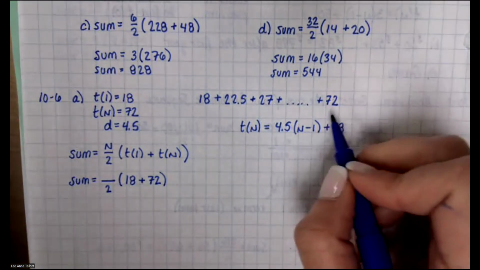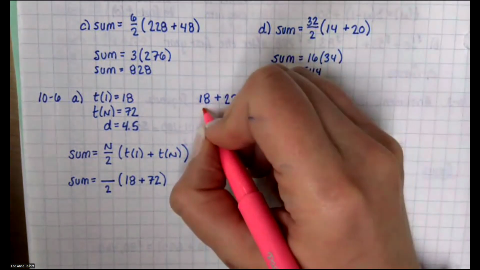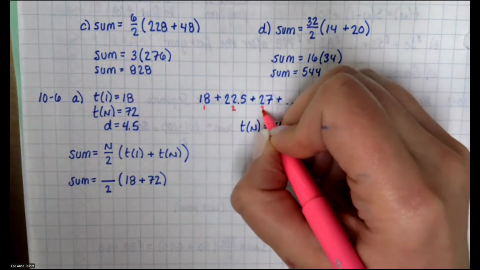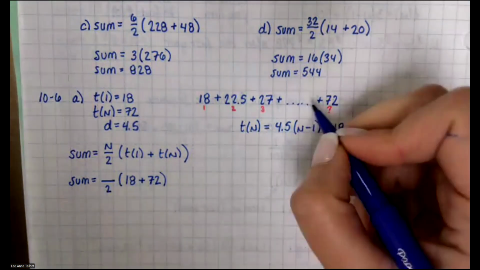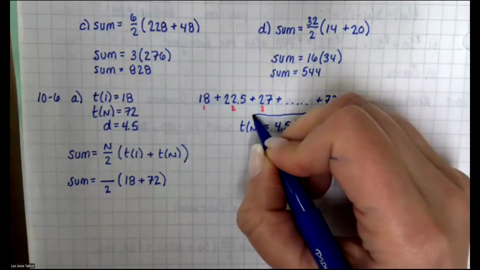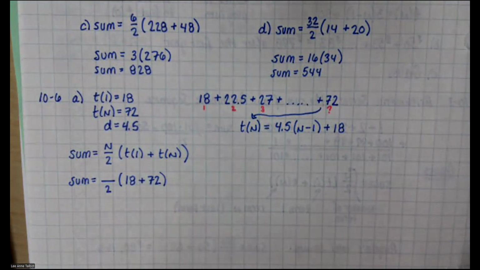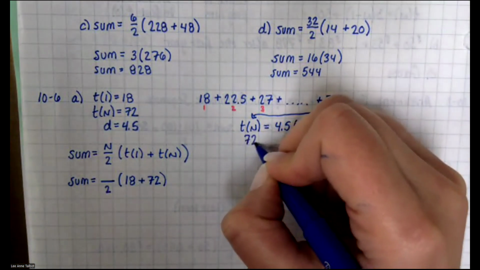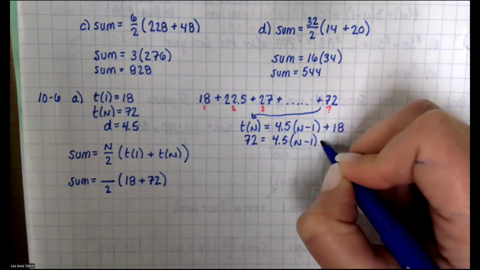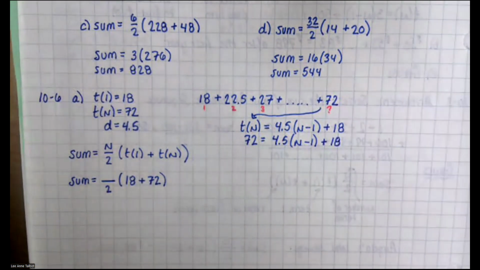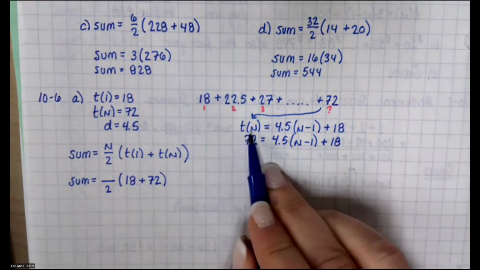Okay, now I want to find out what spot this is. I know this is spot 1, spot 2, spot 3. I want to know what spot that is. So what I do is I plug in 72 into T of n. 72 equals 4.5. Well, because this is saying the term.